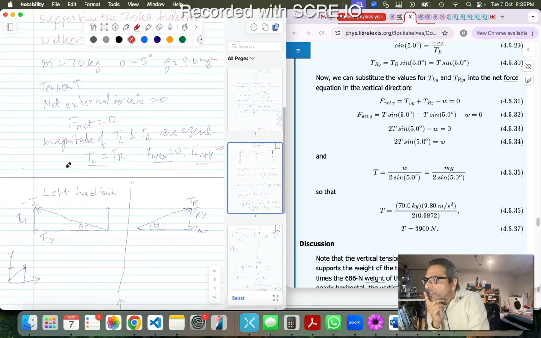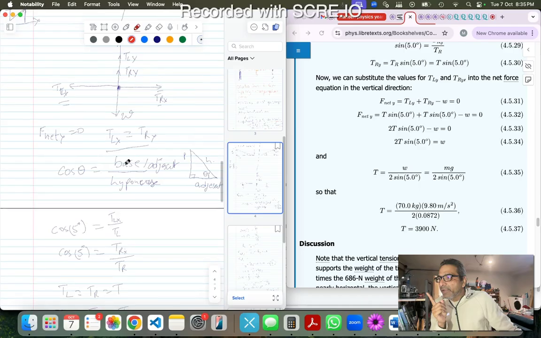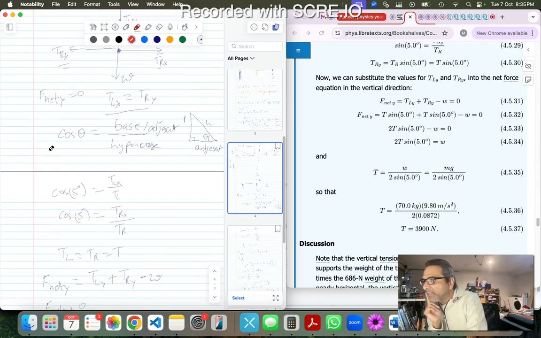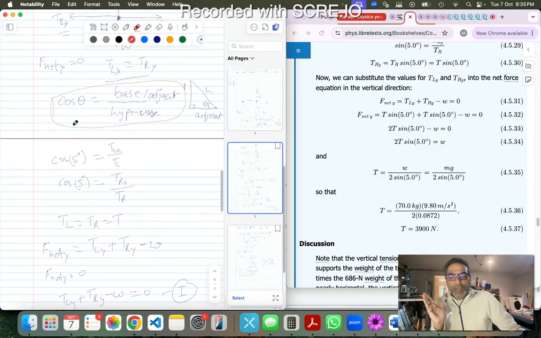In these types of questions, TL equals TR. In the stationary case, Fnet X equals Fnet Y equals 0, right? We know the values, but we should remember this as well. If you remember these things, then you are good to go.